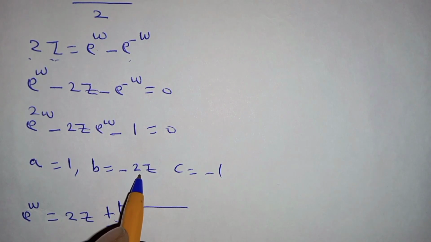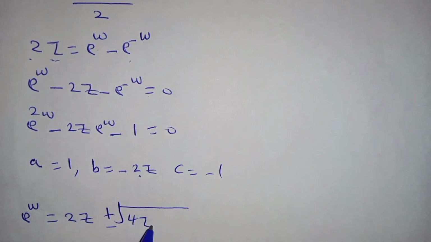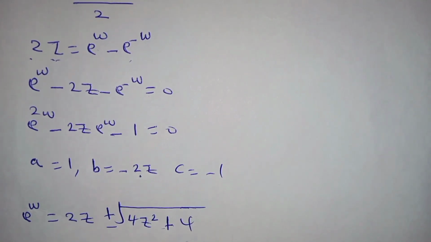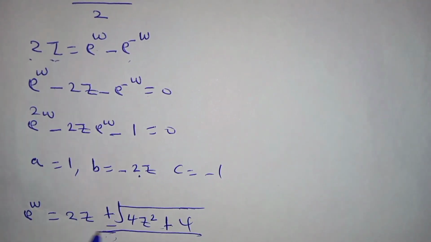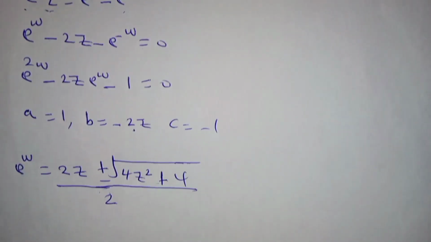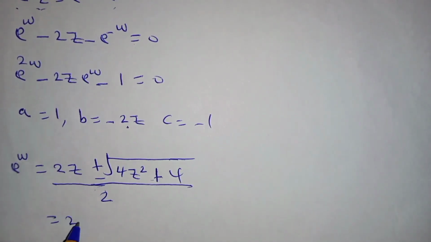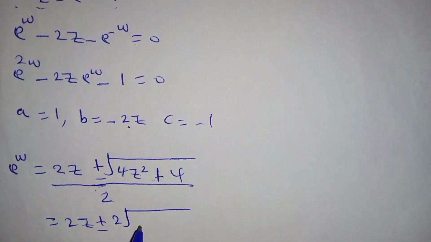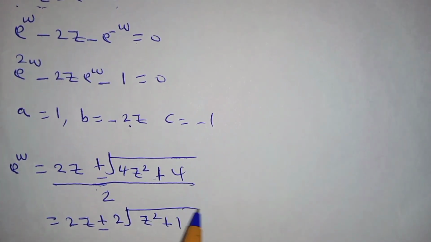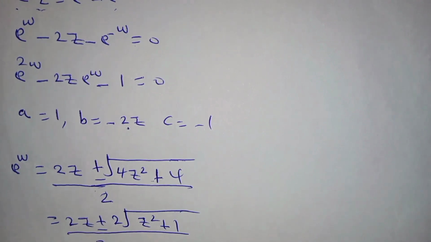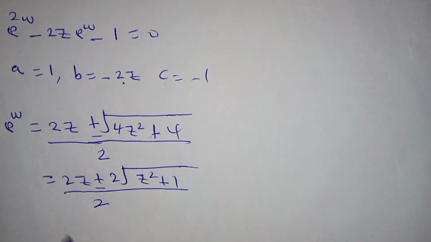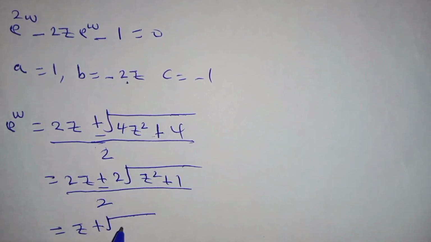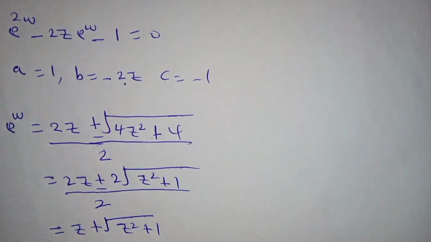B squared, when you square this, you will have 4z squared. You have minus and minus, so you will have plus 4, divided by 2, which is equal to 2z plus or minus 2 times the square root of z squared plus 1, over 2, which gives z plus square root of z squared plus 1.